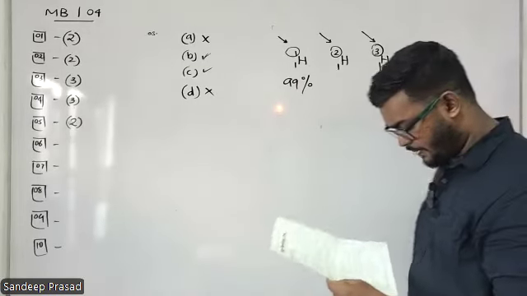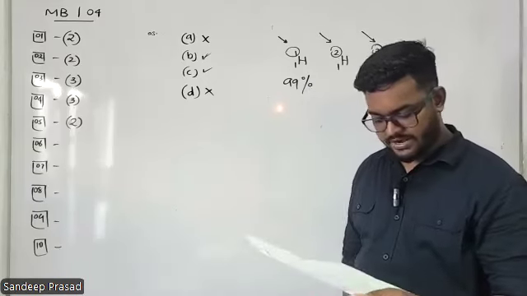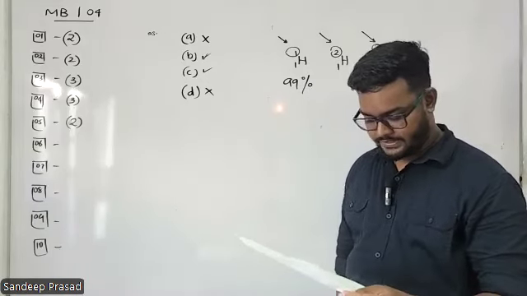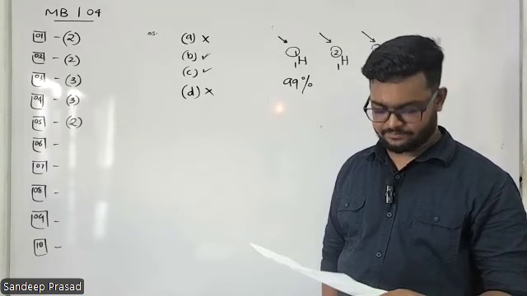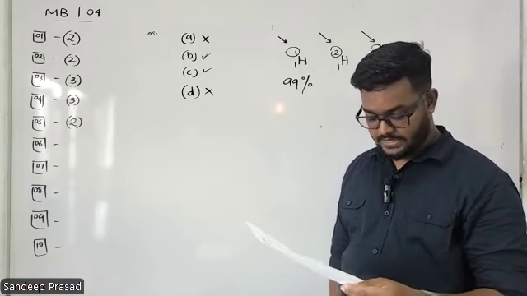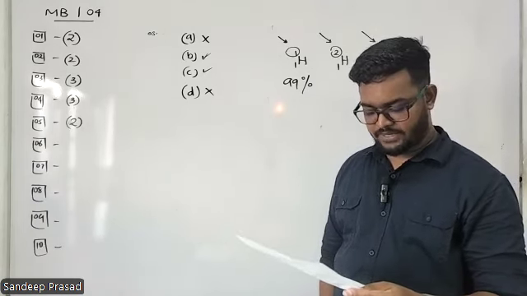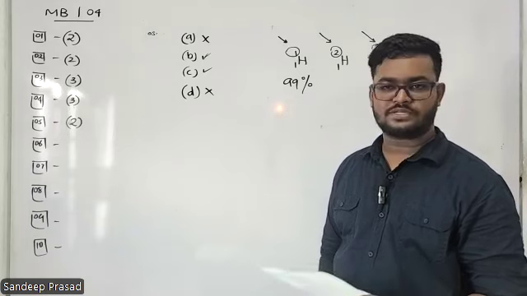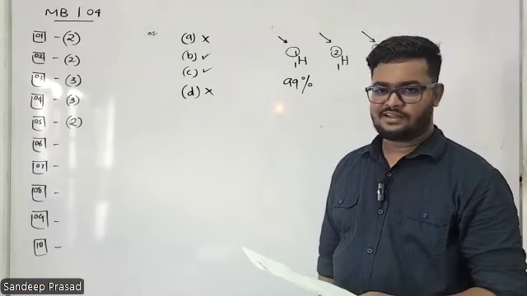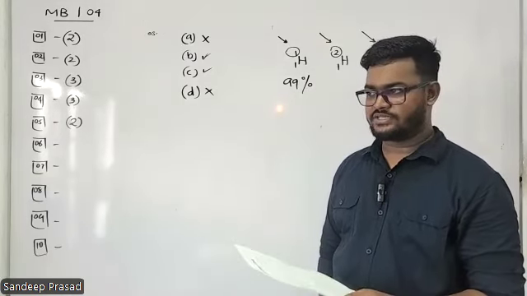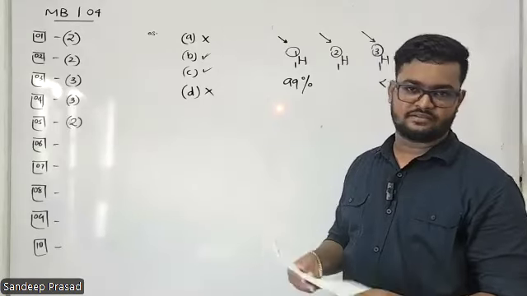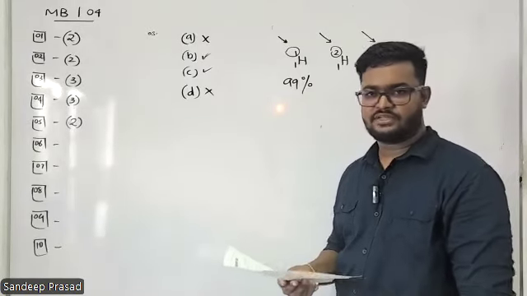Question number 6. The incorrect statement regarding the gold foil experiment related to the nuclear model of the atom is: A, this experiment was done by Geiger, Marsden, J.J. Thomson. Students, tell me who did the gold foil experiment? Rutherford.